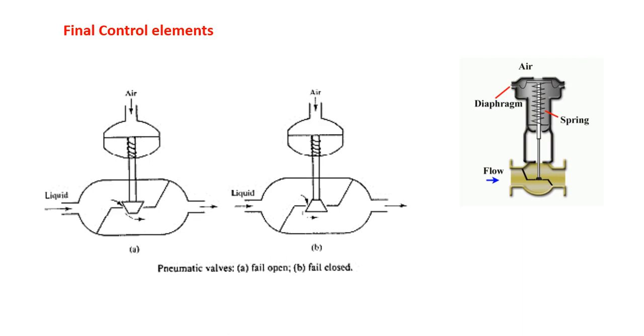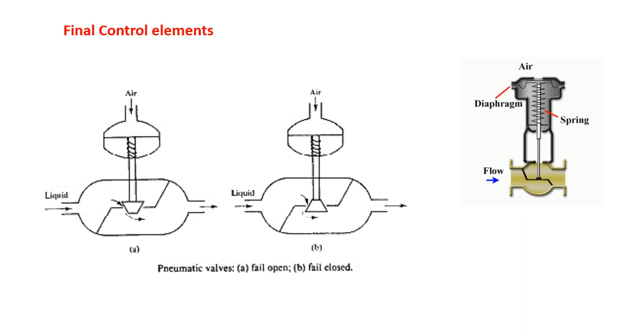Now suppose the air supply on the diaphragm is lost, the valve will become fail open, because then the spring will push the stem and the plug in the upward direction.